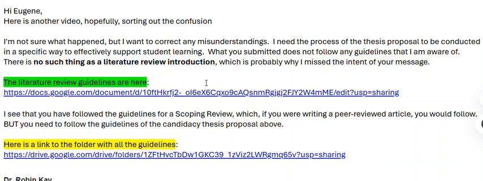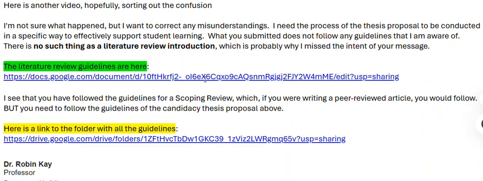Okay, so next steps for me anyway, or for you too, is to write the thesis proposal introduction. That's essential. You can sort out and organize your literature review. I know you're doing that.